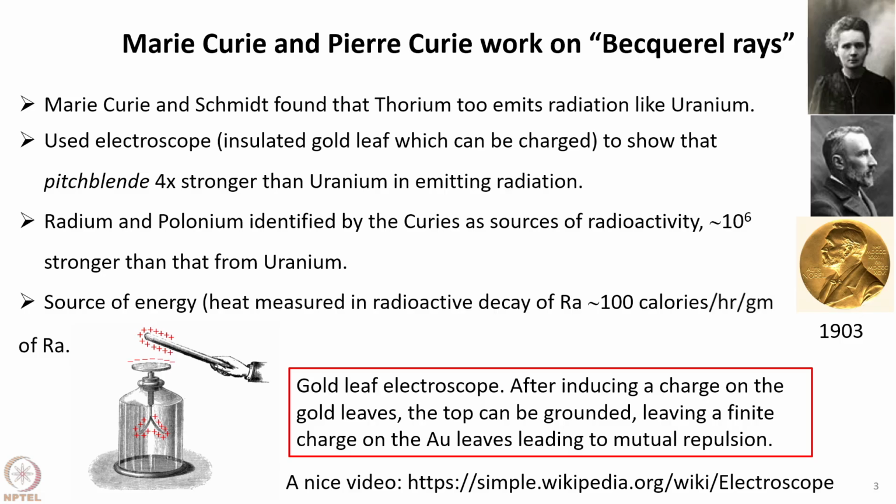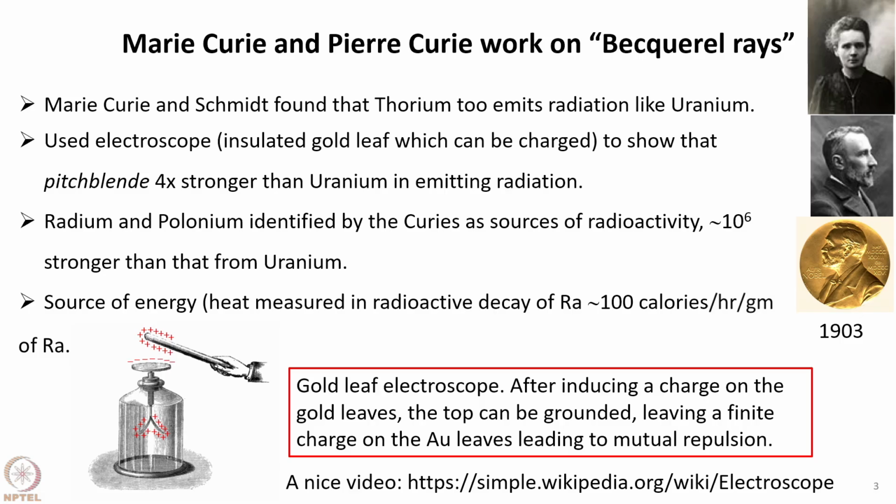Okay, so they found that pitchblende, which is an ore of uranium, I think, is about 4 times stronger than the uranium, which was emitting radiation, obviously, and the thorium salts were more radioactive than the uranium. They, or whatever is contained in those, had more radioactivity.